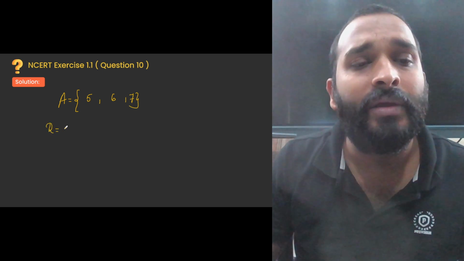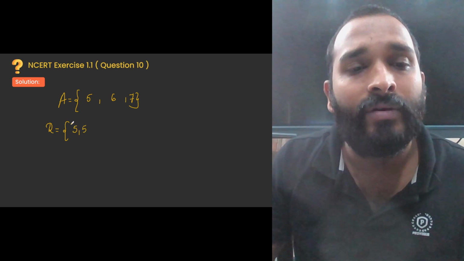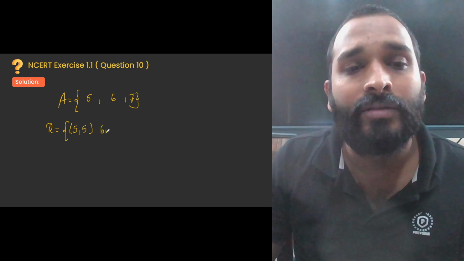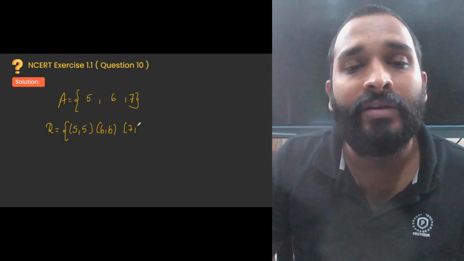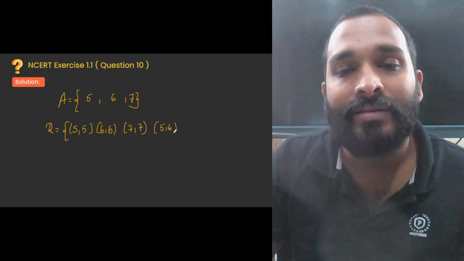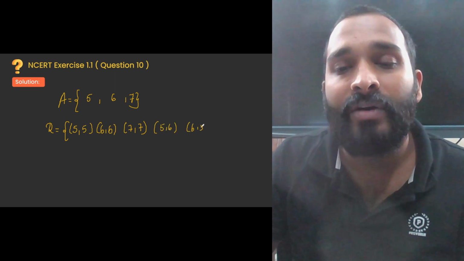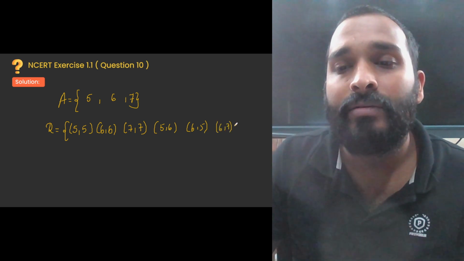Let me write this R as (5, 5), (6, 6), (7, 7), (5, 6), (6, 5), and I will write (6, 7), (7, 6). Let's close.